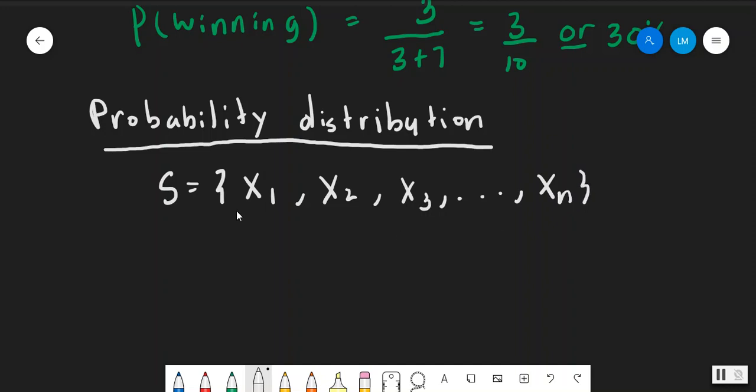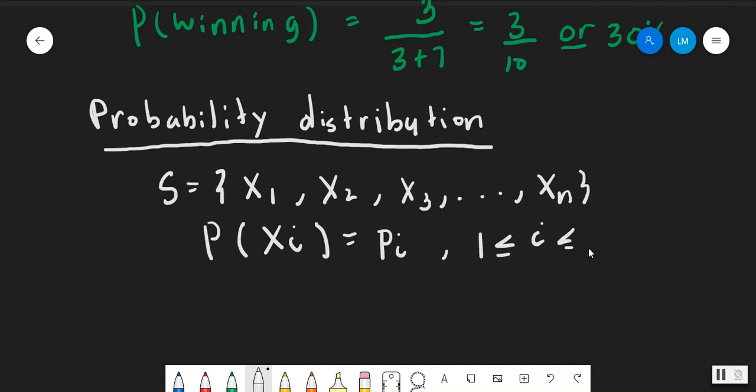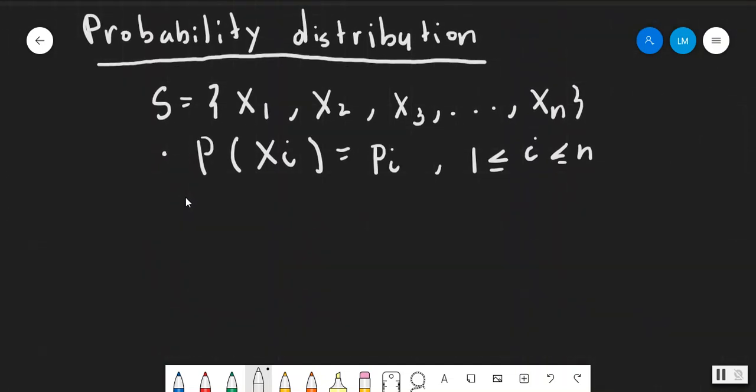These are n possible events, and respectively, we'll say that the probability of xi is equal to p sub i, where i is an integer from 1 to n. So p1 is the probability of outcome x1 and so on.